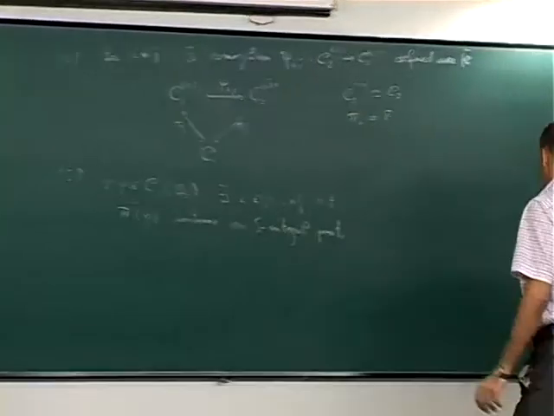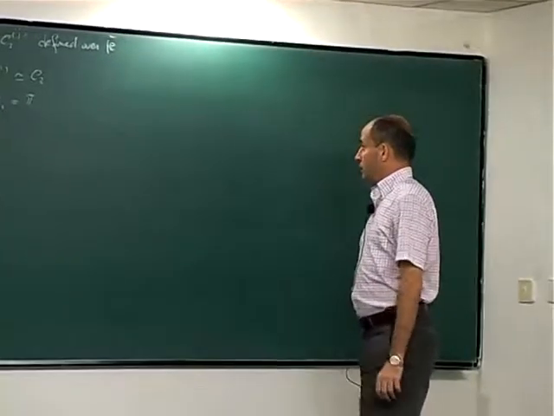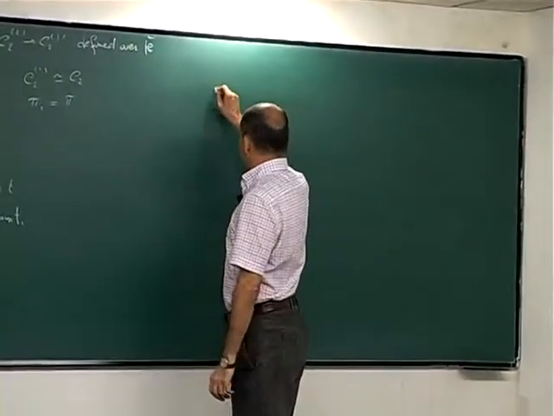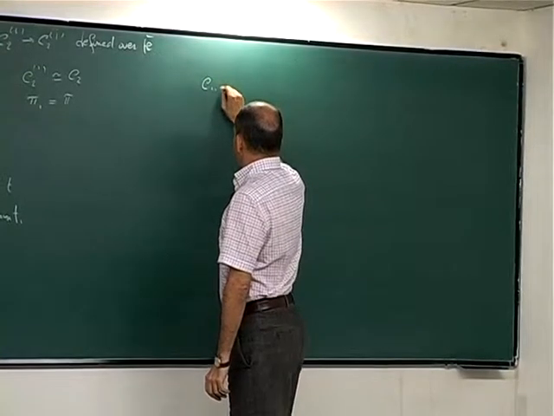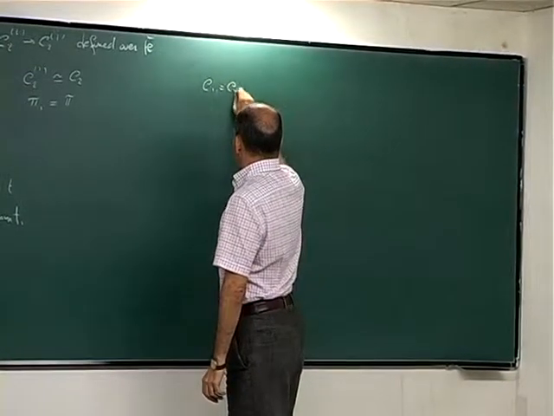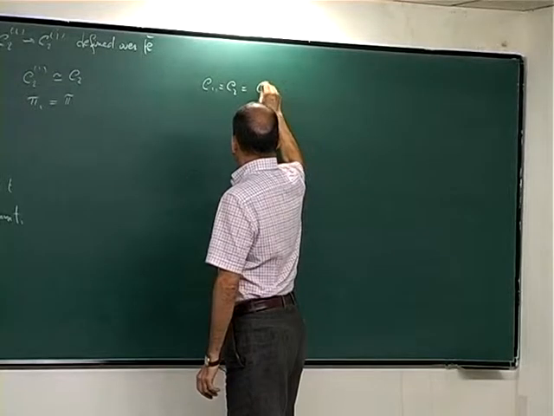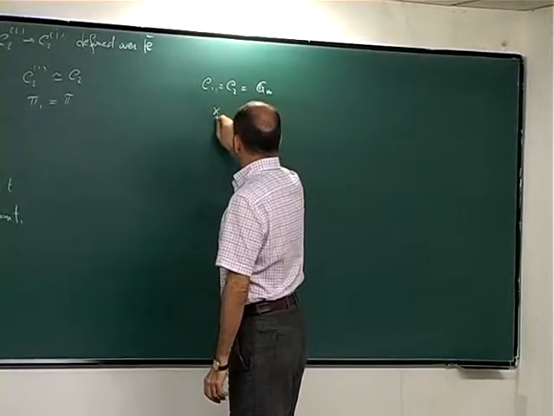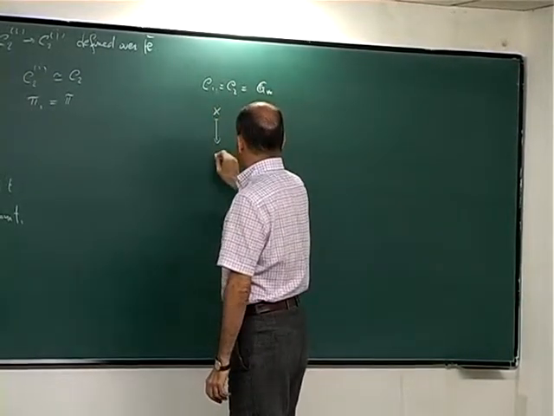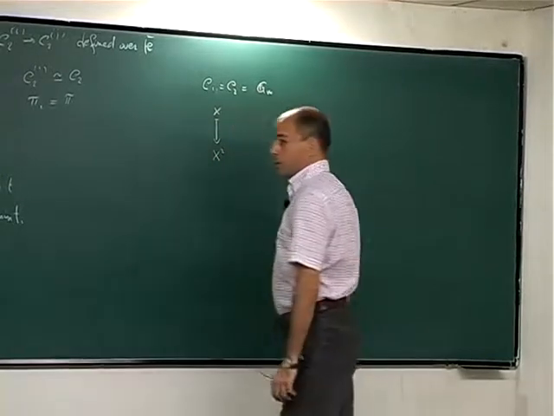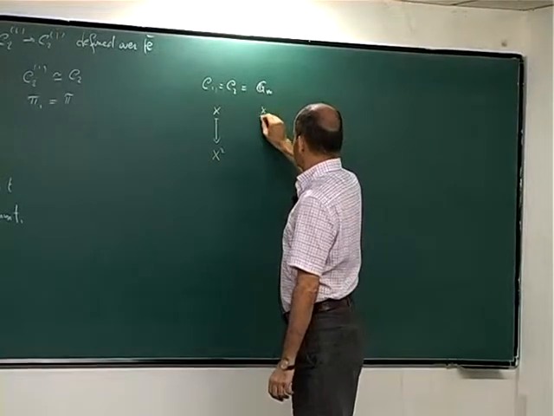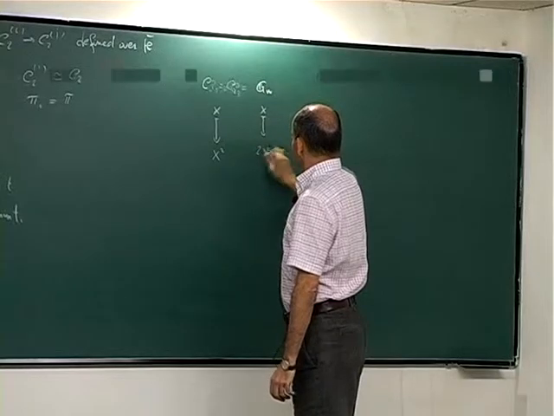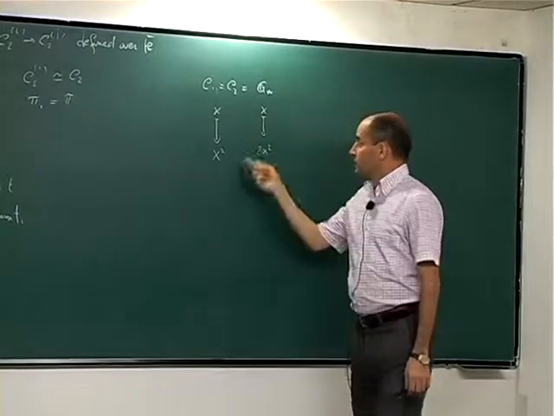If you want an example, take C1 equal to C2 equal to G_m, and take the covering sending x to x squared, or sending x to twice x squared.